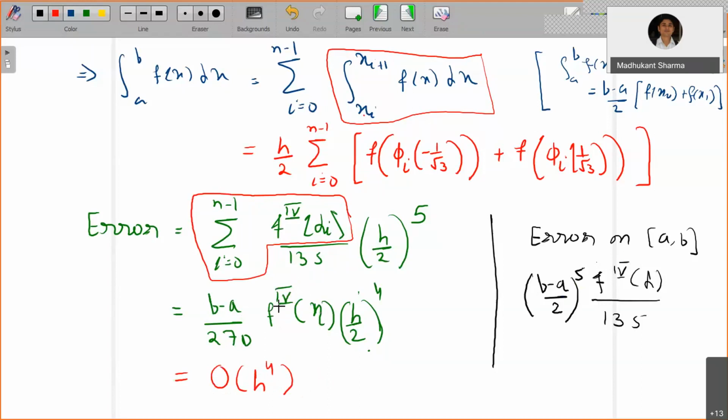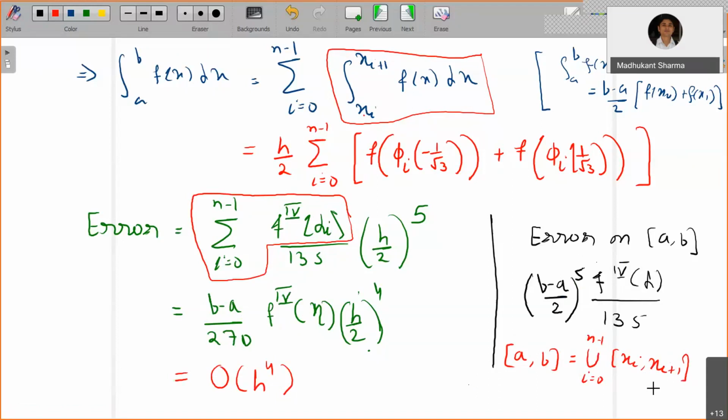And how many function evaluations are required for the Gauss 2-point rule? You have subdivided into n equal subparts. If I write [a, b] as the union over i equals 0 to n minus 1 of [xi, xi plus 1], you have taken a partition of [a, b] with equidistant points, and these are distinct intervals.